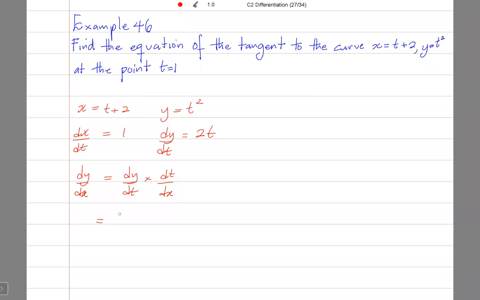So this is 2t multiplied by 1. So the answer here is 2t.